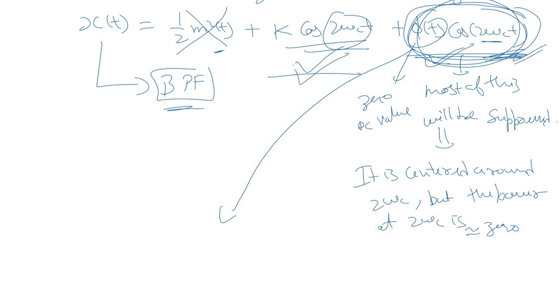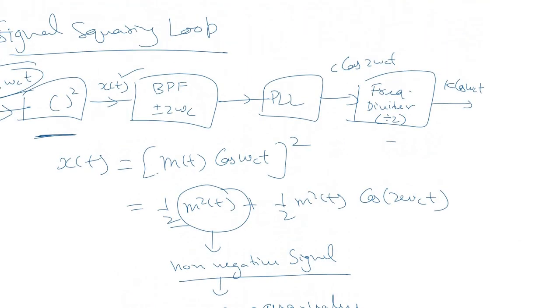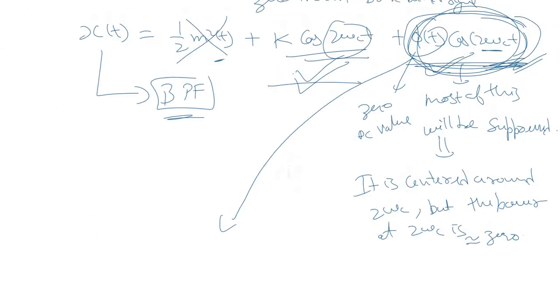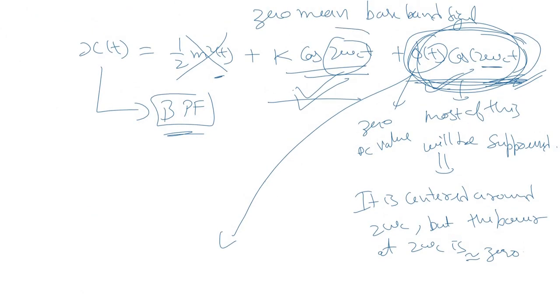Because this xt signal, if you look at the block diagram, after passing through the band pass filter, is passed through a PLL. Okay, the purpose of PLL is to track the frequency. So this is one of the major components. It will track its frequency, that is twice of omega c, and it will clean up this undesired part.